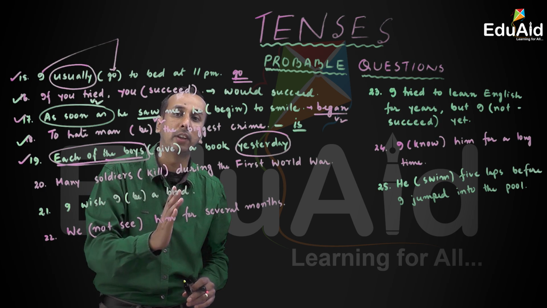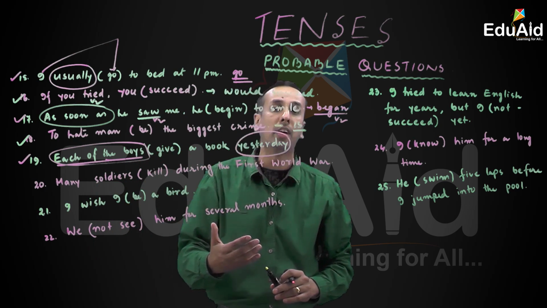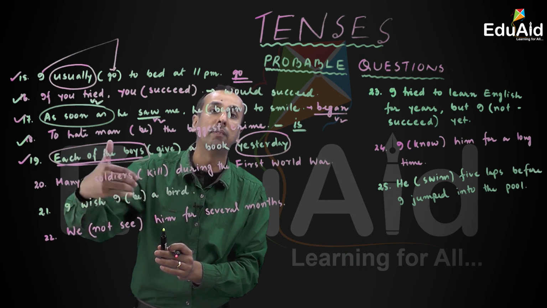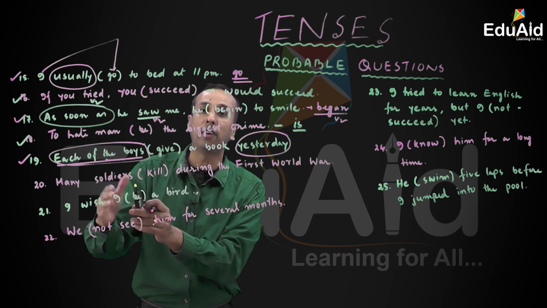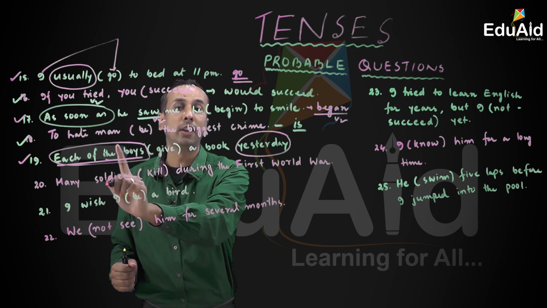We are not referring to this as a group. All the boys and each of the boys, there are differences. When we say all the boys, we are talking about more than one. Yeah, there are more than one boys, but here we are focusing on each one of them separately. Hence, it's a singular subject.